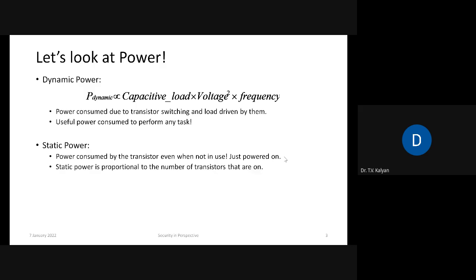The static power is proportional to the number of transistors that are on at any given point of time. In the earlier technology nodes, in the 1960s and 70s, the number of transistors was very few, so the static power consumed by these transistors was quite small. And within the static power, the leakage power is the major contributor.